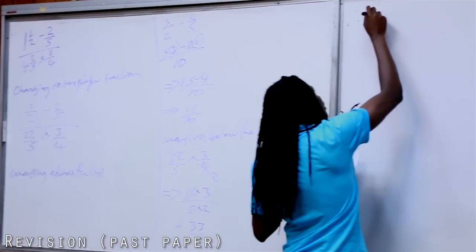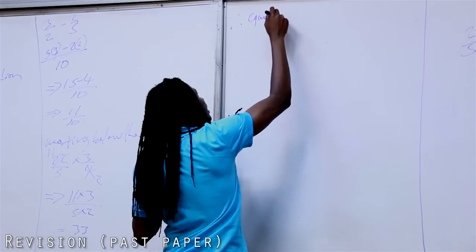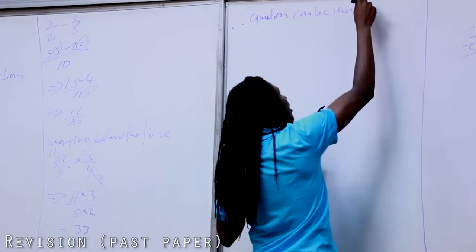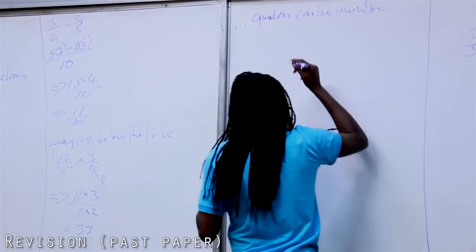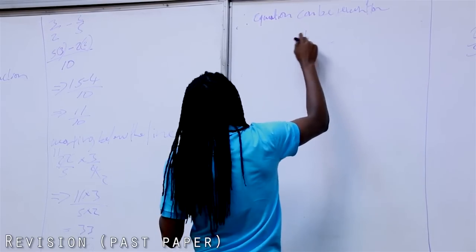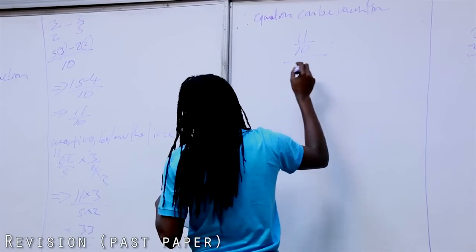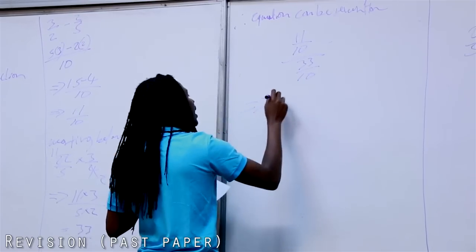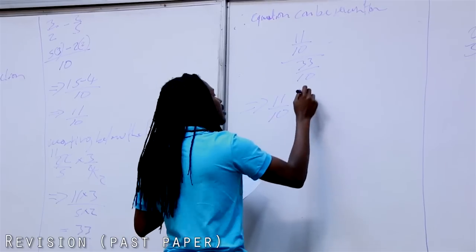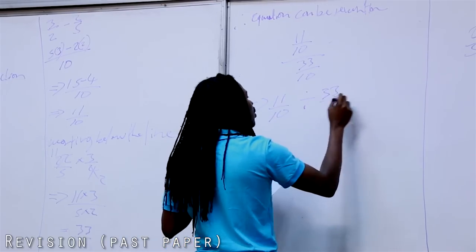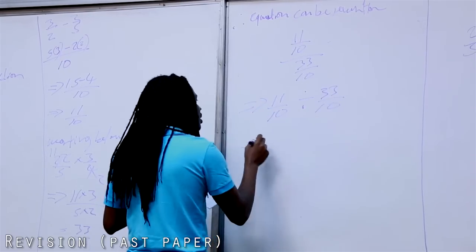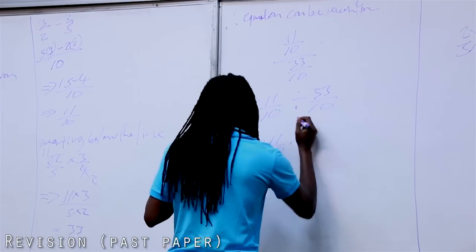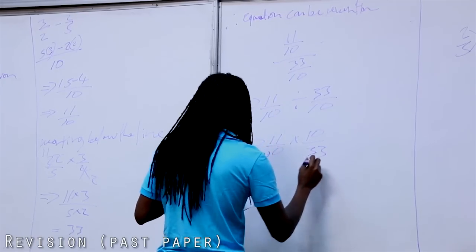Therefore, the equation can be rewritten as 11 over 10 over 33 over 10. This implies 11 over 10 divided by 33 over 10, which implies 11 over 10 times 10 over 33.